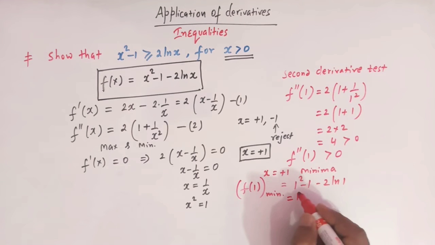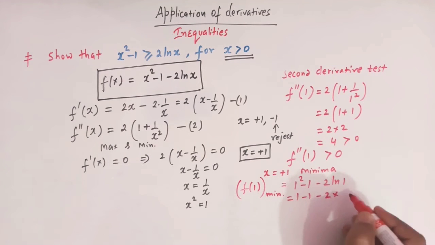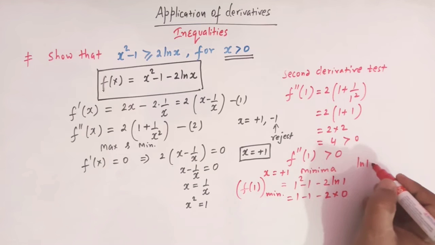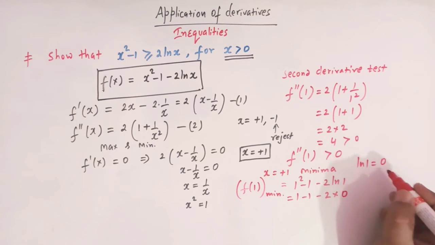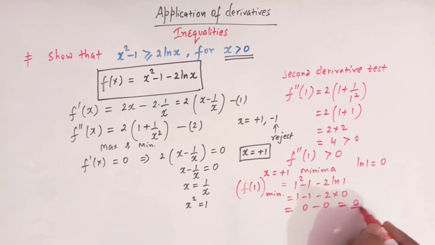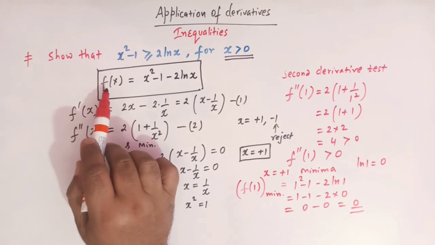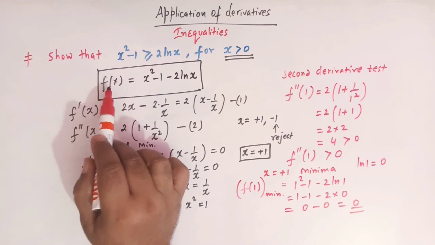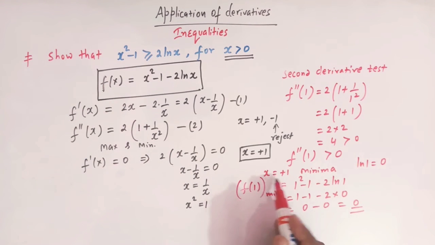So we have 1 minus 1 minus 2 times 0, because log of 1 is obviously 0, and we have 0 minus 0, that is 0, right? So the minimum value of f of x is 0 when x is equal to 1.